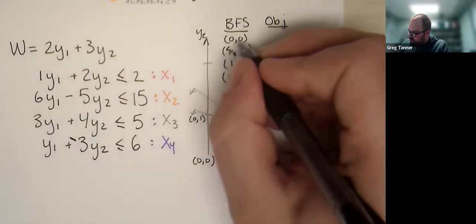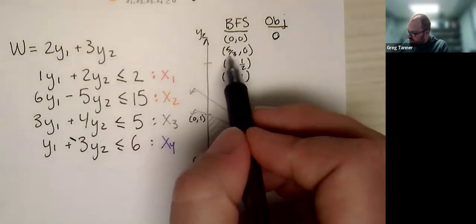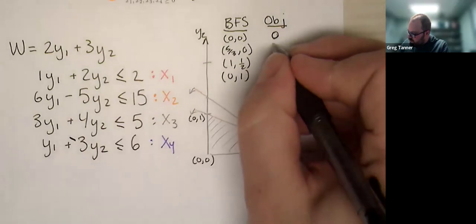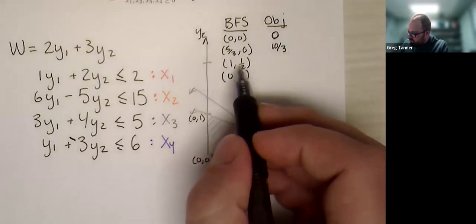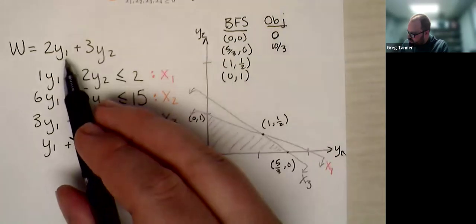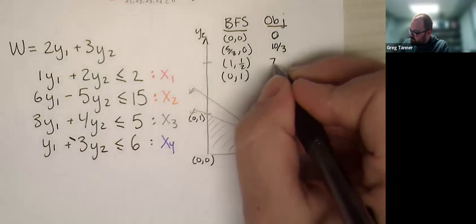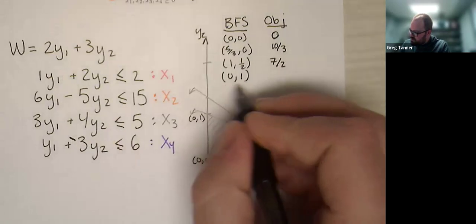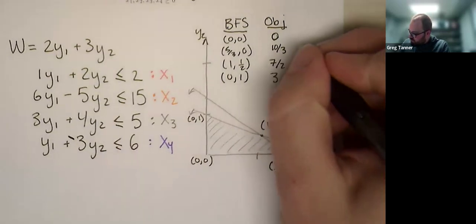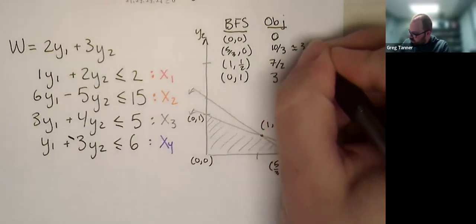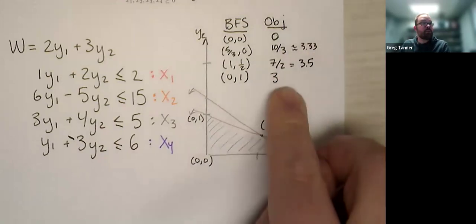Plugging those in, 0 and 0 will give 0. 5/3, 0 will give a value of 10/3, which is about 3.33. 1 and 1.5 will give a value of 2 plus 3.5, which is 7/2. And then 0, 1 will give a value of 3. This is equal to 3.5 versus 3 down here.